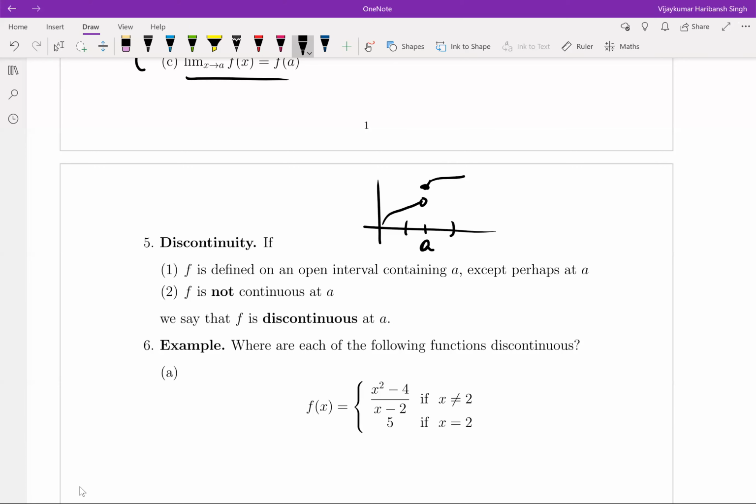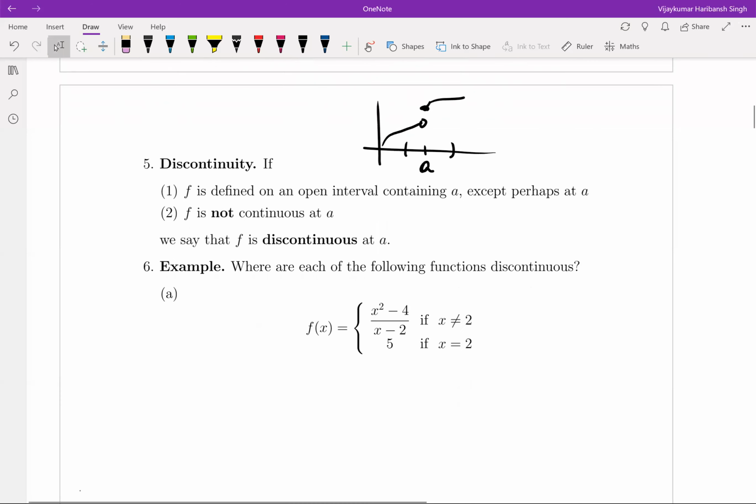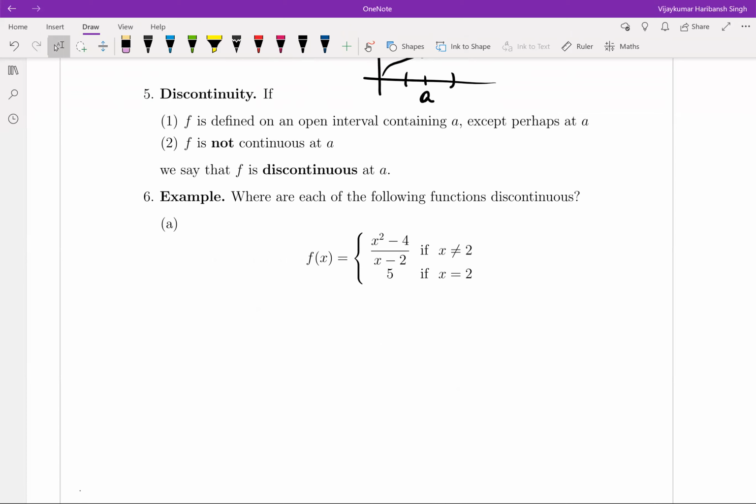All right. So let's look at the following problem. Where are the following functions discontinuous? Let's see, what do we get?